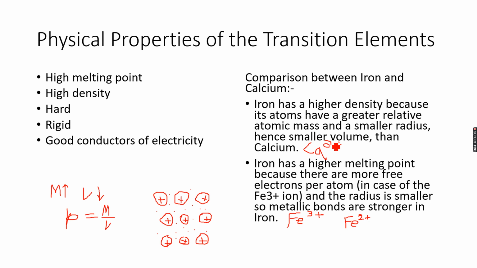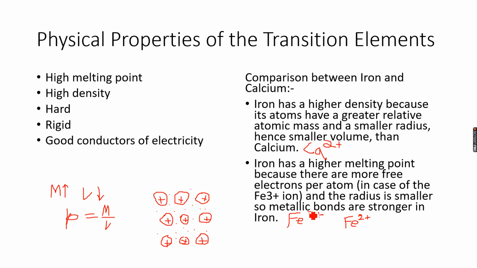So if we compare Ca2+ with Fe3+, we know this is a greater charge and this is a smaller charge than 3+, and we also know that the iron ion is smaller in radius, like we just deduced. The Fe3+ ion will be smaller in radius than the Ca2+ ion due to greater atomic charge because it has more protons in its nucleus.